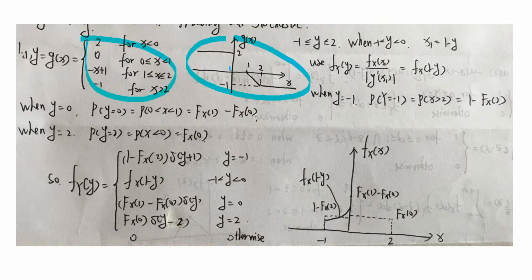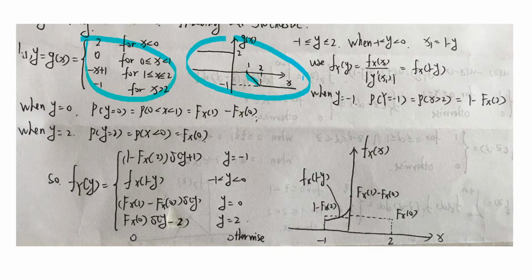When x is less than 0, g(x) equals 2, and when x is in the range between 0 and 1, g(x) equals 0, and when x is greater than 2, y equals negative 1, and in this part, when x is greater than 1 and less than 2, g(x) equals negative x plus 1, which is this line here.